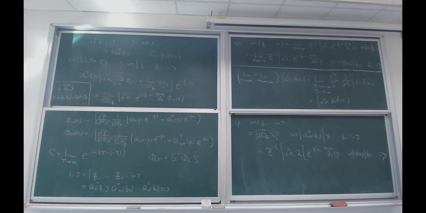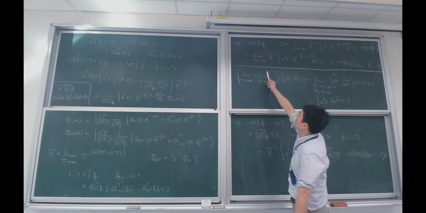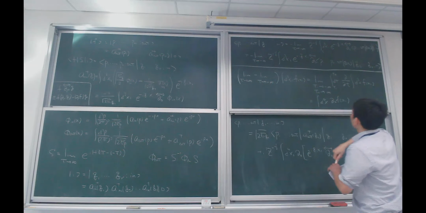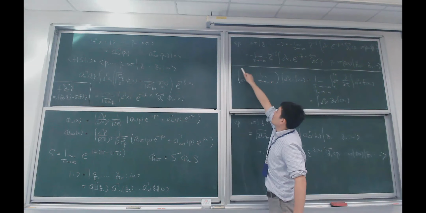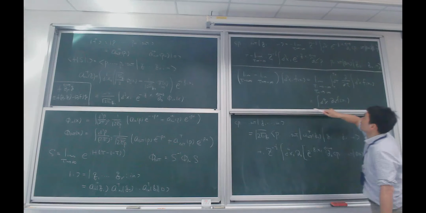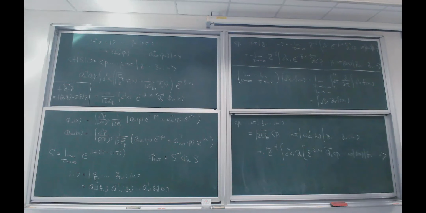So the reason why I got this one is that, in fact, minus limit t goes to infinity is equal to t goes to infinity minus t goes to infinity plus this one. That's what you mean.